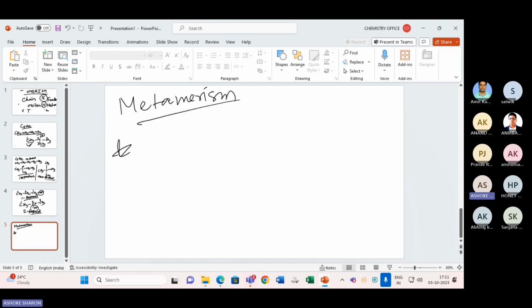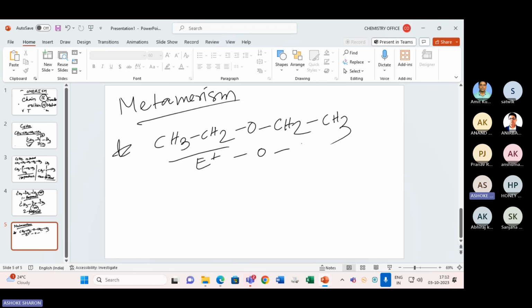Diethyl ether means CH3, CH2, O, CH2, CH3. Okay, so an analogous compound of this one will be methyl propyl ether. So here you can see on this side an ethyl group, then oxygen, this is an ether linkage, then another ethyl group.